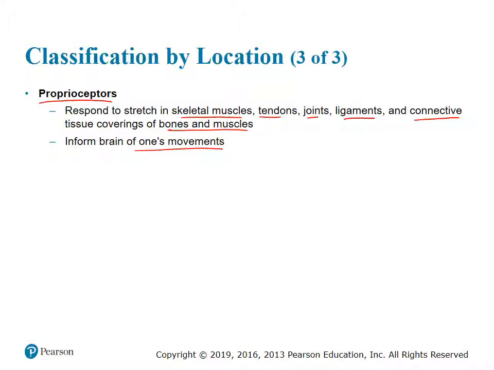These are the ones that go off when we move our hands or our legs or our torso or we bend down, bend up. These are the receptors going off, telling the brain where those body parts are in space and time.